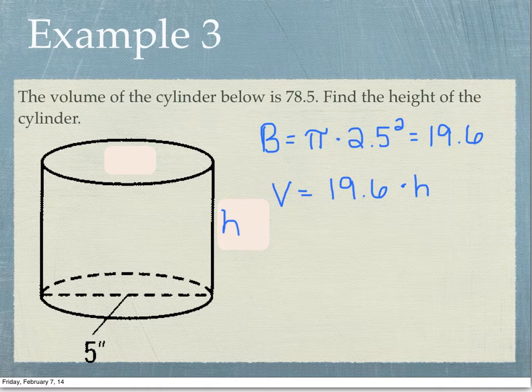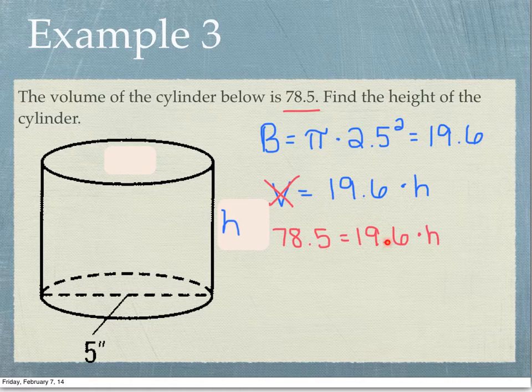I don't know what H is, but what do I know? The volume. I know the volume should be 78.5. So I'm going to take out this V and make it a 78.5. Not subtract. What would I do? Divide. This is saying 19.6 times my mystery number has to equal 78.5.